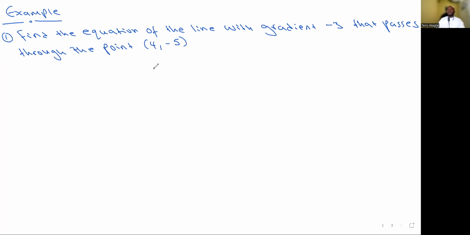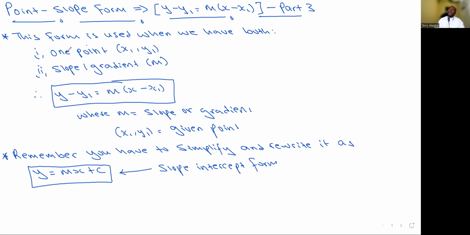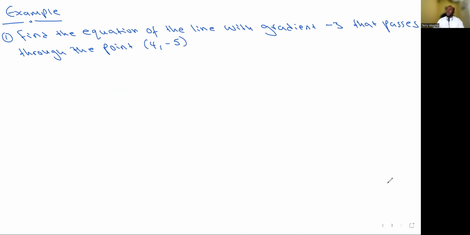Now let's assume we have this question. It said find the equation of a line with gradient minus 3 that passes through the point 4 and minus 5. So you can see in this, we only have one point, which is 4 and minus 5, and we have one slope, which is the gradient, which is minus 3.